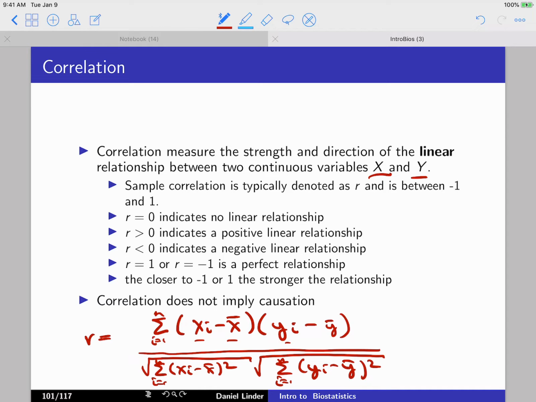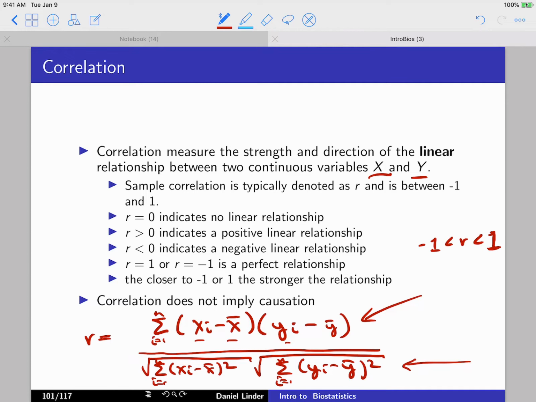Okay, and what this sample correlation tells us is how x and y covary together, and then in the bottom what we have is some kind of scaling which puts this r in between -1 and +1.